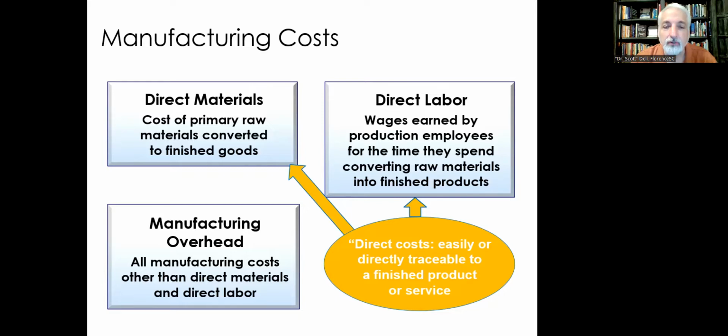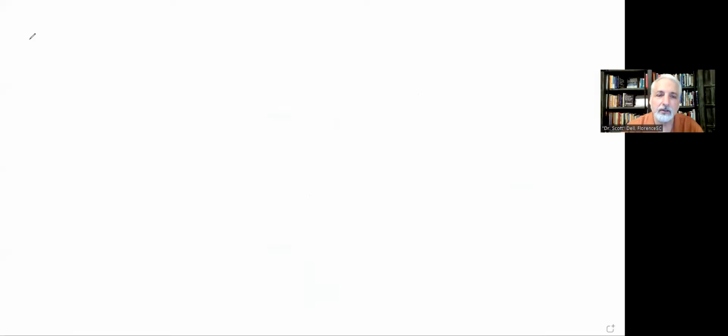So the manufacturing overhead is usually allocated based on labor hours or labor dollars or possibly materials. But we have an allocation for overhead being assigned. I'm going to go over to the whiteboard and show you a little bit more about materials, labor, and overhead, because this is a basic concept that we want to make sure we have a pretty good handle on.